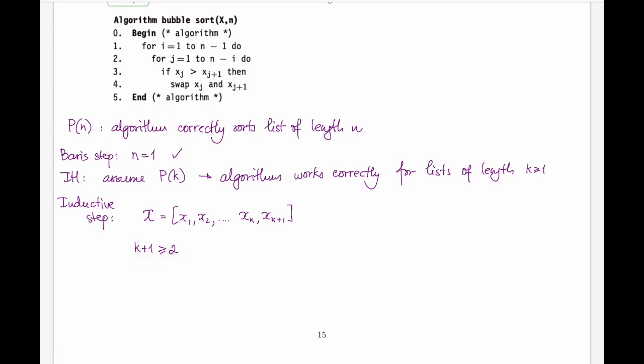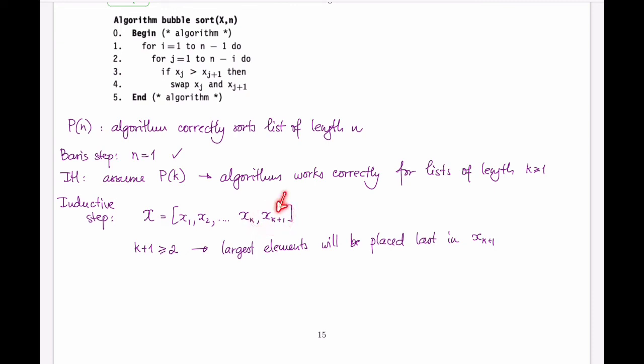So that's the first thing we're going to notice, is that because my list has things to be sorted, my algorithm will execute, and even if you trace it through the for loops, which again I'm not going to do, the largest element will be placed in the proper spot. In fact, we know exactly which spot it is: it will be placed last, in the spot that is labeled as x sub k plus 1.